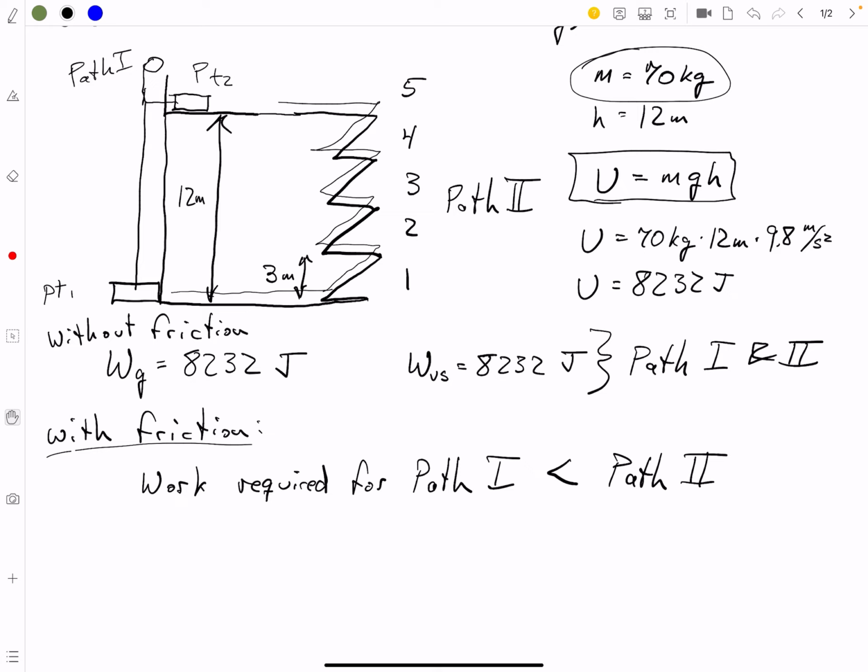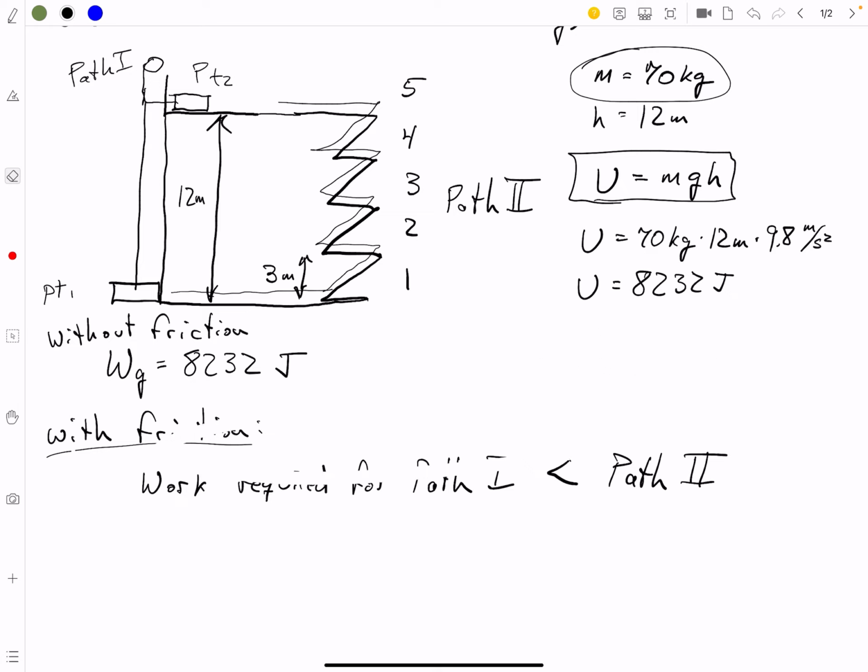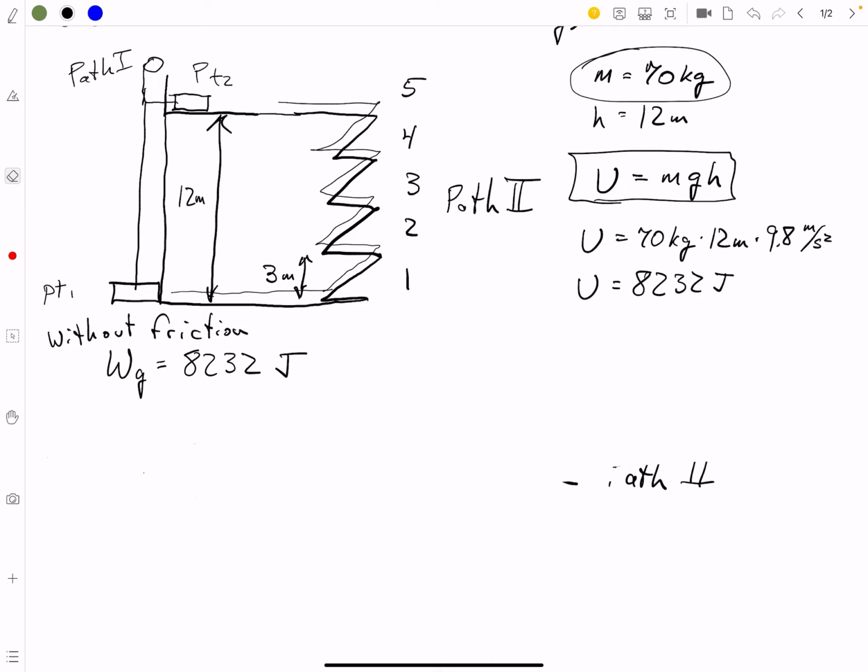I'm going to erase this part. We're going to erase friction. And we're just going to do a path integral with gravity, okay? Because gravity doesn't care which path we take. It still requires that much work to happen. So we're going to do a path integral.